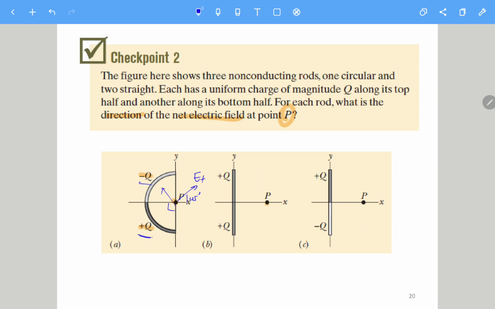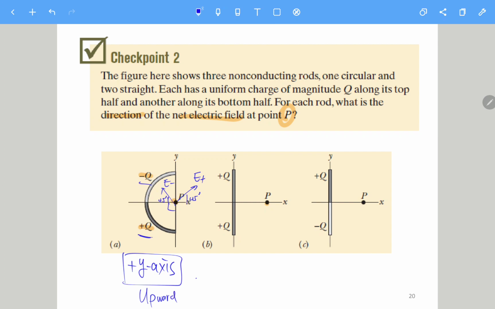So the E minus will be pointing to the top left, also with 45 degrees to the negative x-axis or the y-axis. So the overall E field for part A, we can see the x-axis components will cancel each other, which means that this one will point to the plus y-axis, or pointing upward.